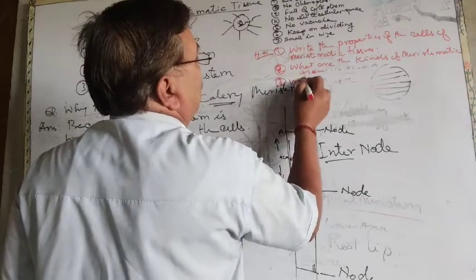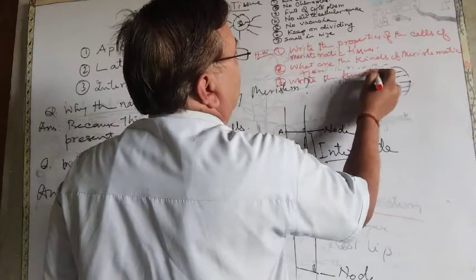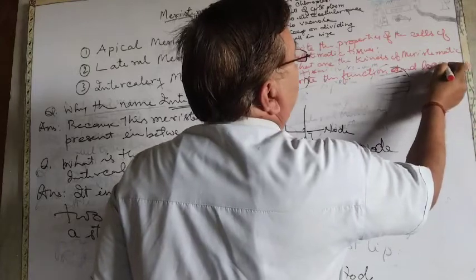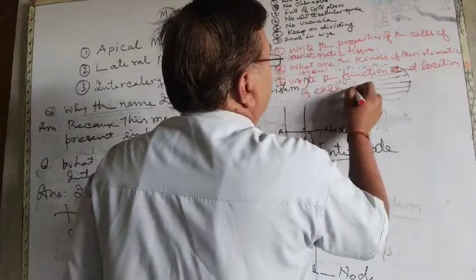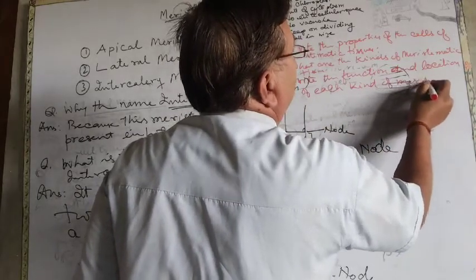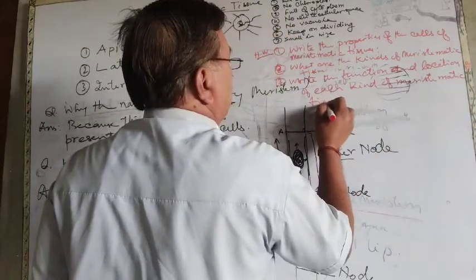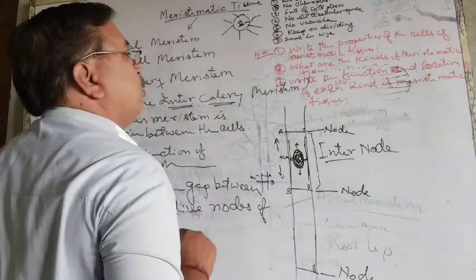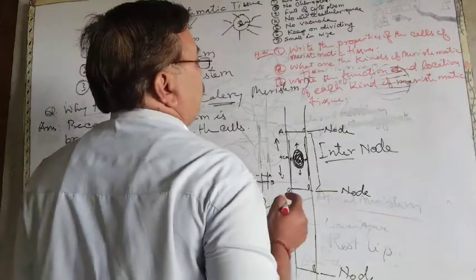Question number 3. Write the function and location of each kind of meristematic tissue.